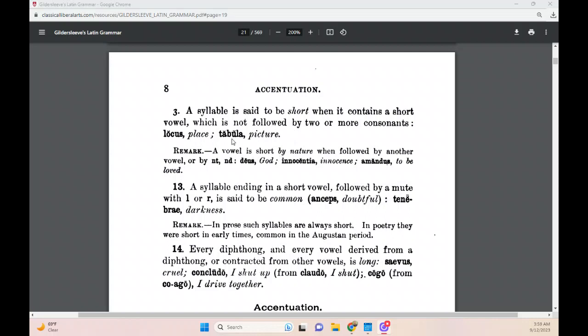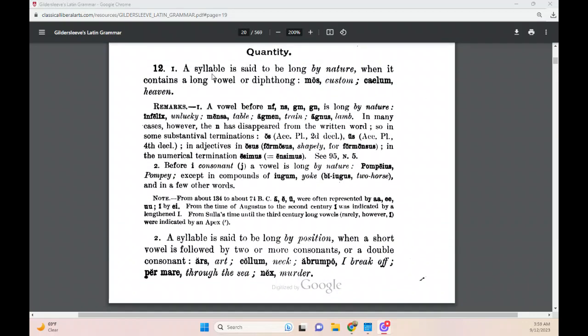And one note here to avoid some confusion. Notice we're talking about two different things. Up here in the first rule, we're talking about a syllable being long by nature. Down here, we're talking not about a syllable, but about a vowel being long by nature.